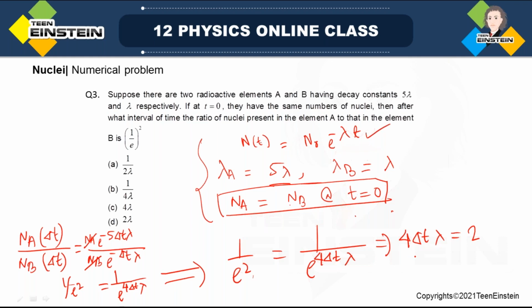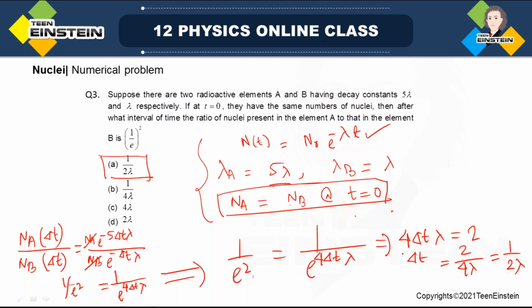That means delta t will be 2 by 4 lambda, which is 1 over 2 lambda. So see here, the first option is 1 over 2 lambda. So delta t we have got.